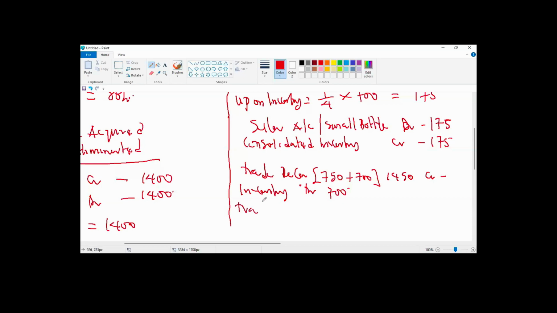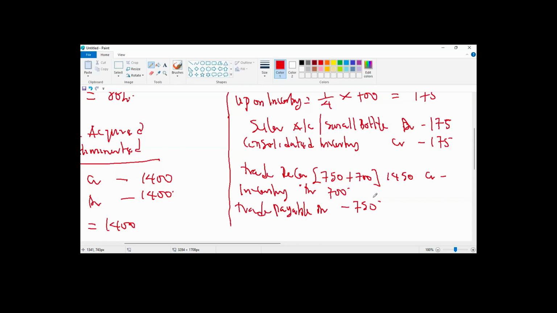Then the trade payable. He said they have not taken into account the transaction of 700, which is sold on credit. But it's the books of Big Bottle.